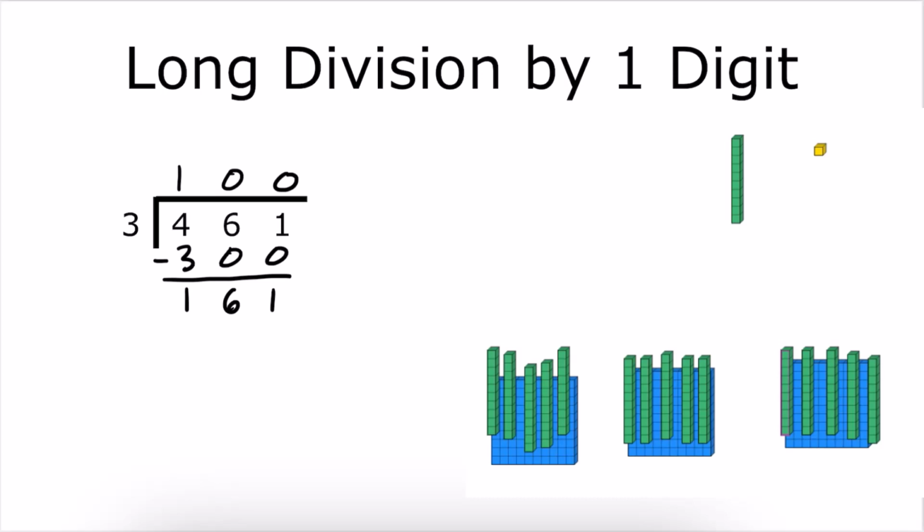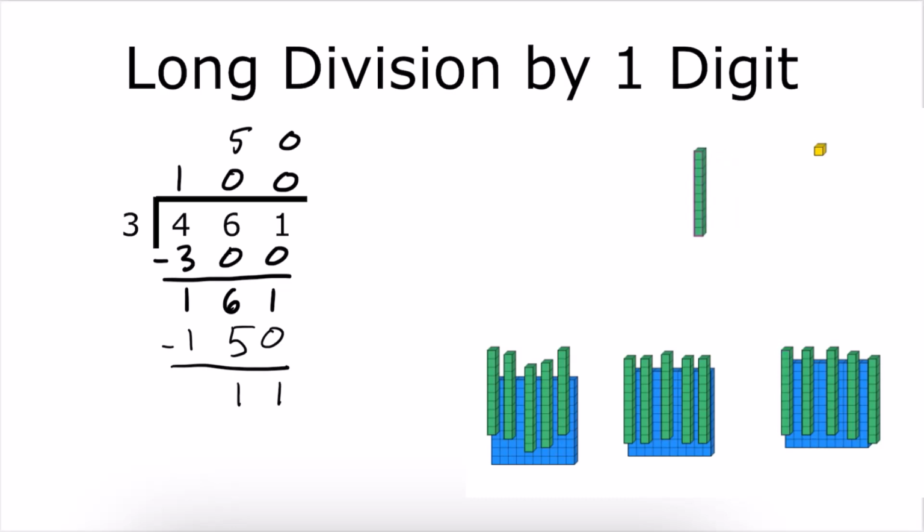So when we do this, we do end up with 5 in each group, and that means I can have 50 in my answer. When I divided up 5 tens into my 3 groups, that took care of 15 tens, or 150, of my number. So I'm going to subtract 150, which means that I have 11 left to divide.